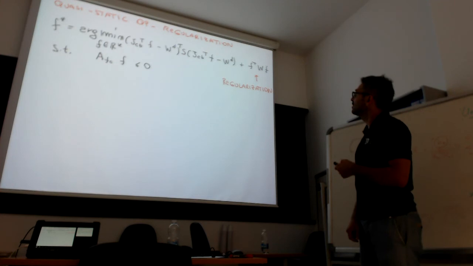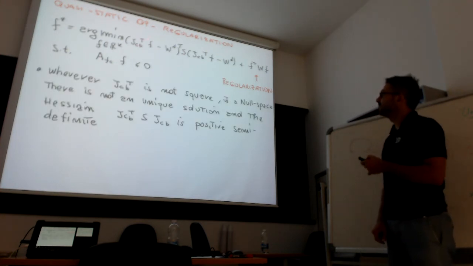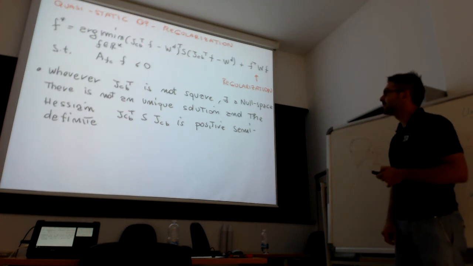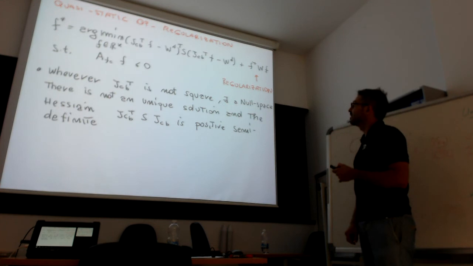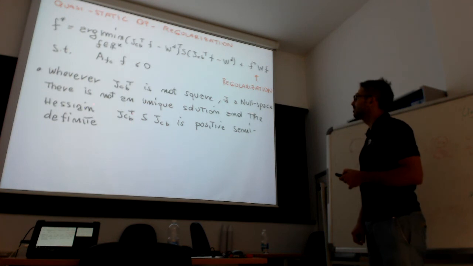Why do we need a regularization? We said that J_B transpose is not square, there exists a null space, therefore the solution of this is not unique. And we can see that because if we compute the action of the QP without this term, it's positive semi-definite.